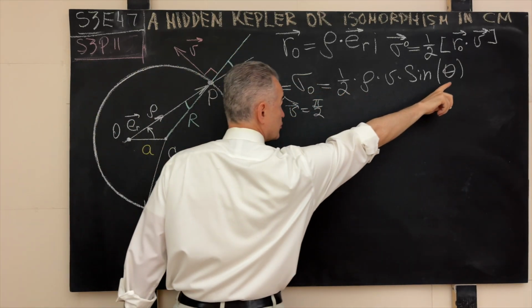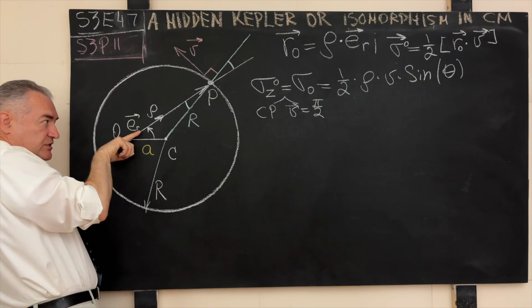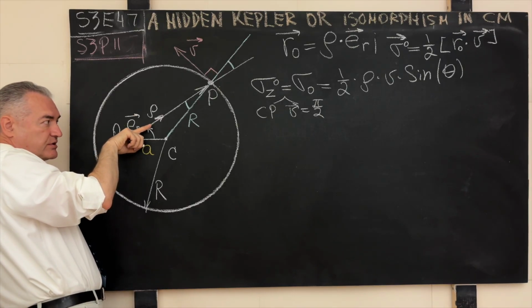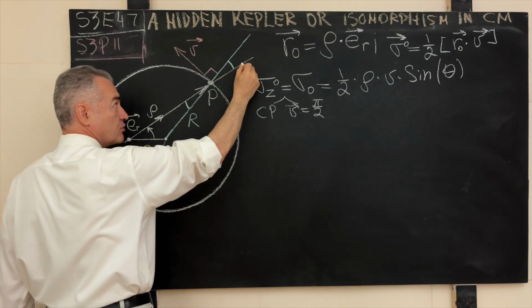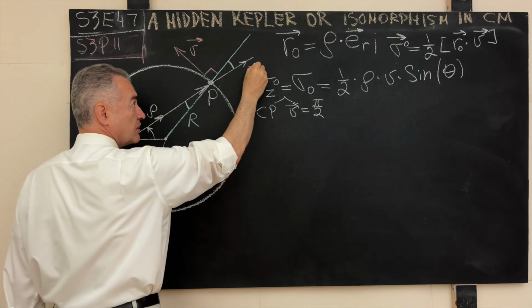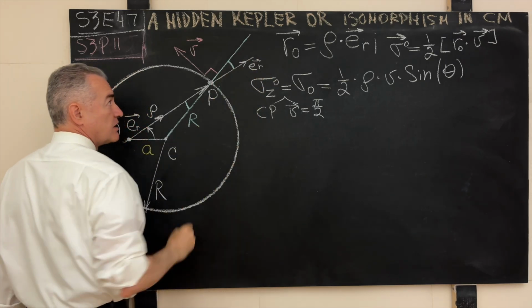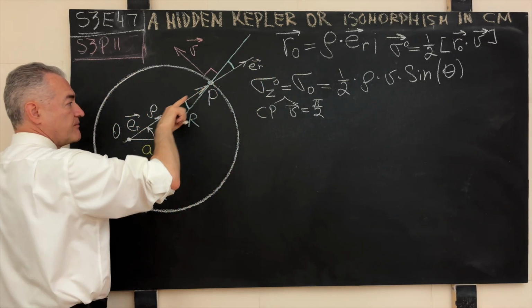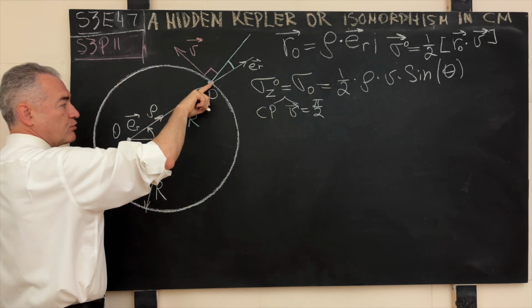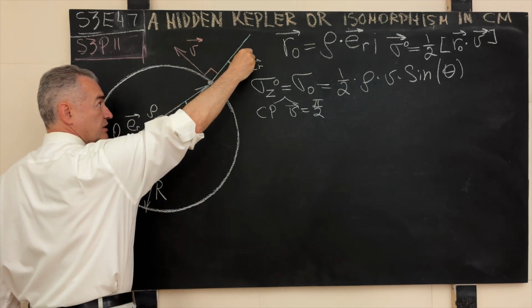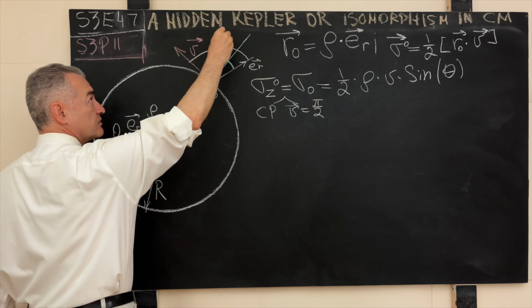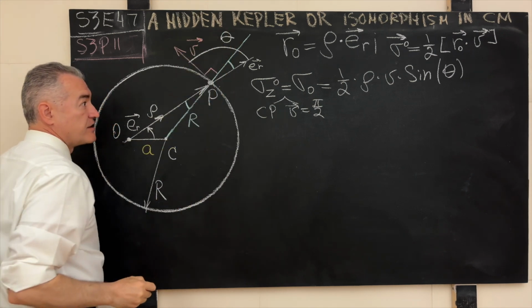So the angle of interest to us, if we slide the unit vector ER this way to the point P, so the vector will point this way, ER, then what is the angle between the radius vector of the moving point P relative to the point O and the velocity vector? It will be this angle right here, theta.